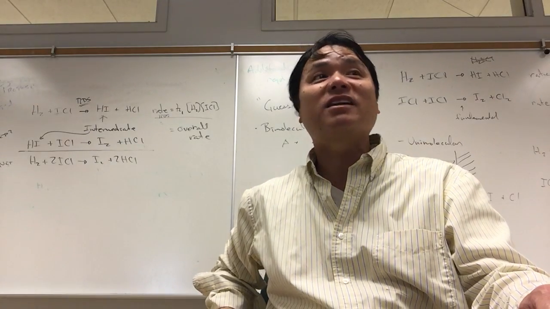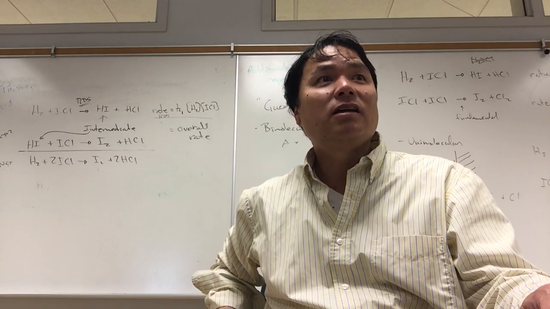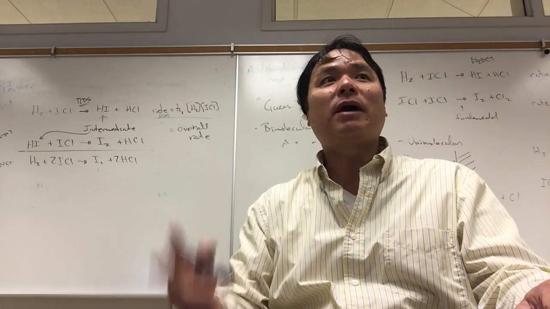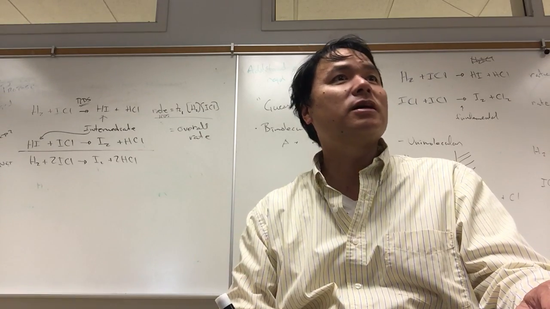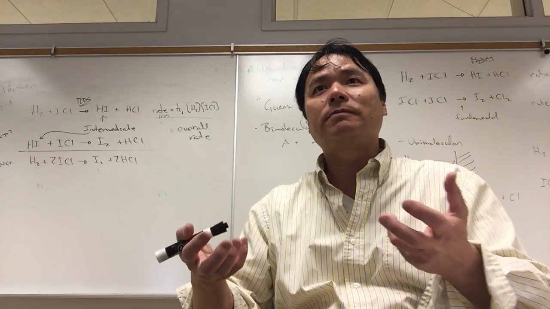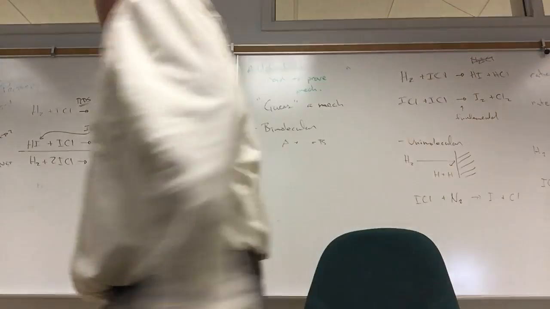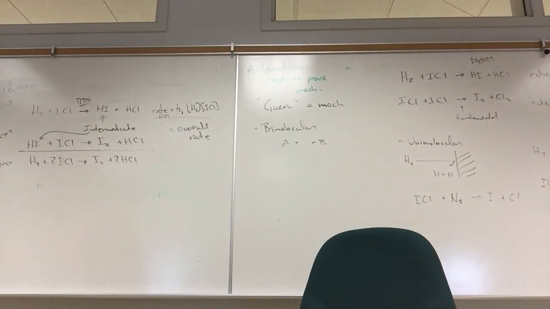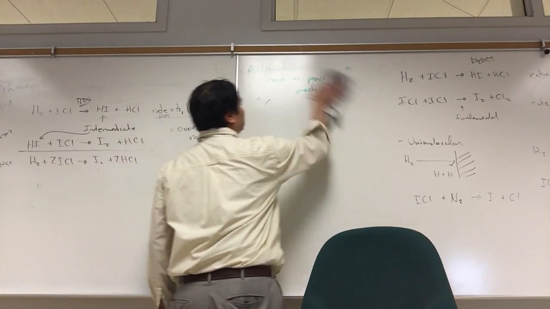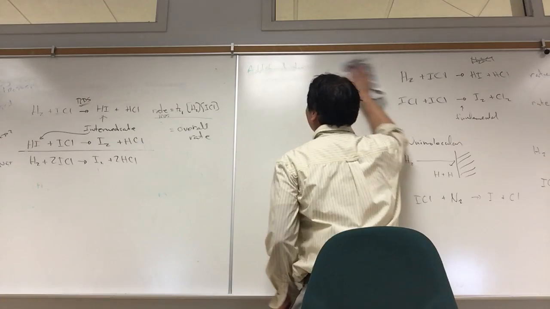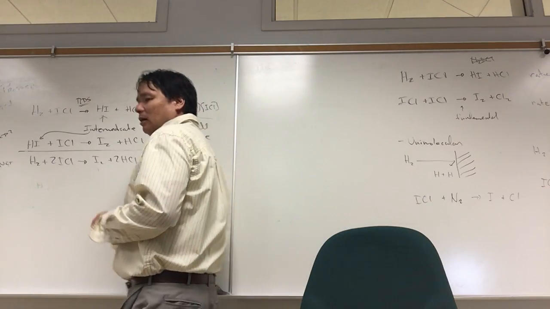Coming up with a mechanism is just a guessing game. You know, we have unimolecular, bimolecular, termolecular collisions, and you go through all the possibilities. And then you see whether we can get the experimental rate law from those.